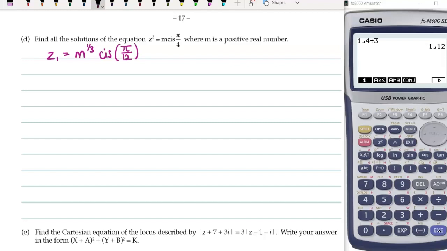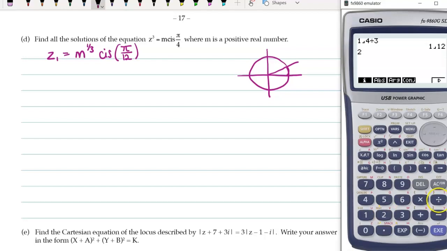Now, the solutions are symmetrical around the Argand diagram. So here's our first solution. Our next one, we're going to have these spaced evenly around the circle. And a full circle is 2 pi. So if we wanted to divide that up into 3 pieces, we would do 2/3 of pi. 2 for the whole circle, and then divide that by 3.